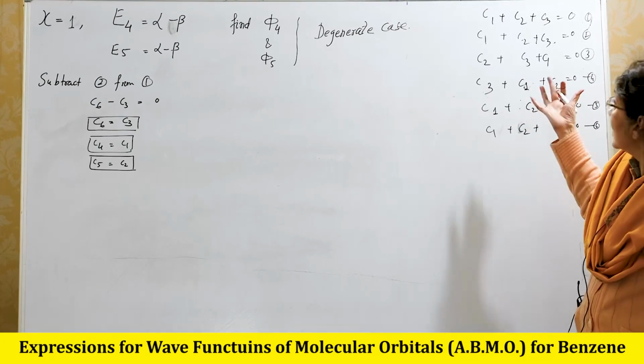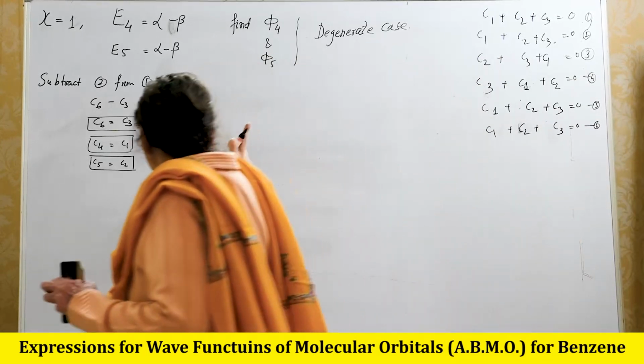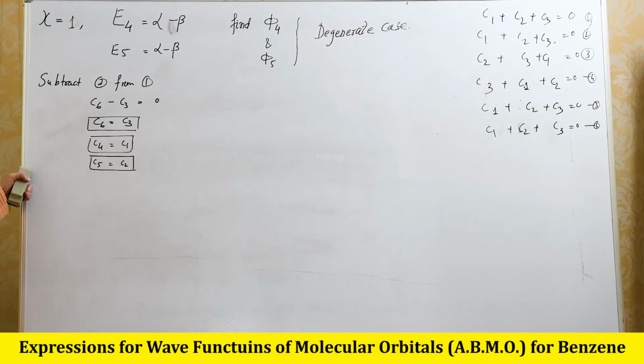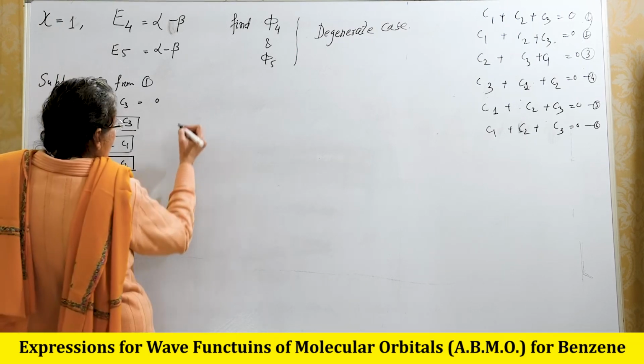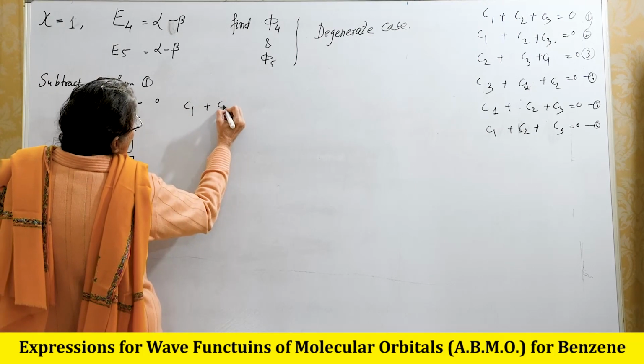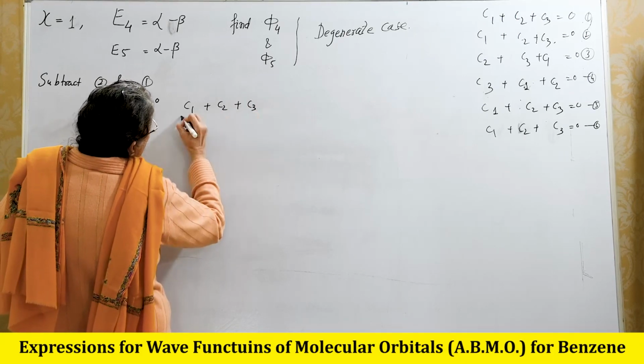So we get these 6 circular equations in a single equation. We have reduced these 6 circular equations to a single one, C1 plus C2 plus C3.